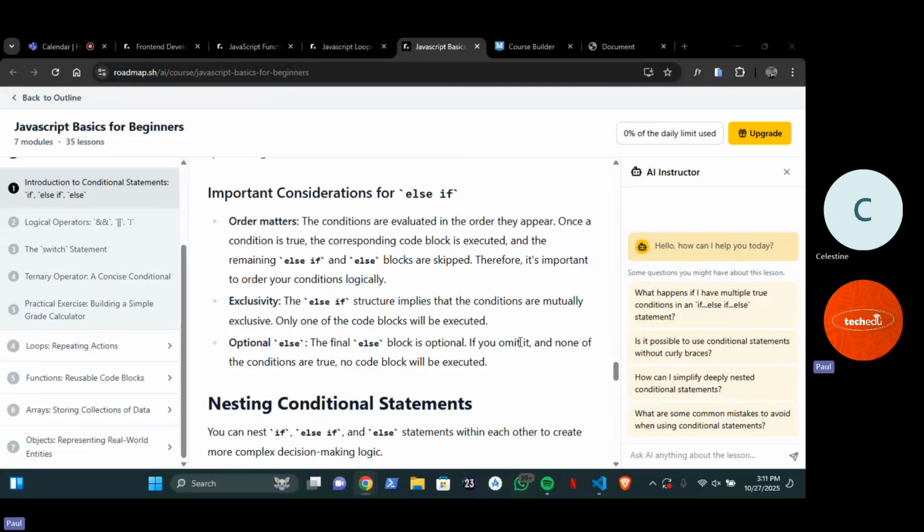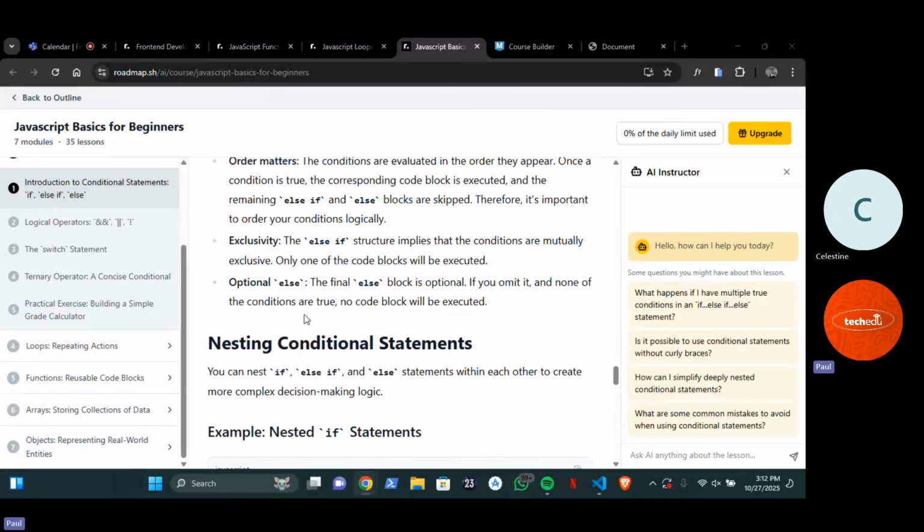It's not actually checking for the value itself. It is checking whether that condition is true or false. Just like I explained in our last class, your code might output false, but the condition is true.